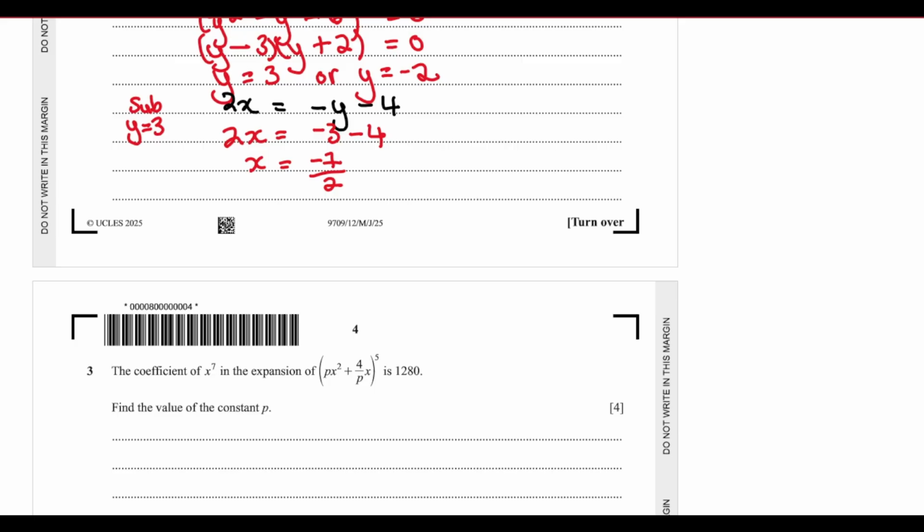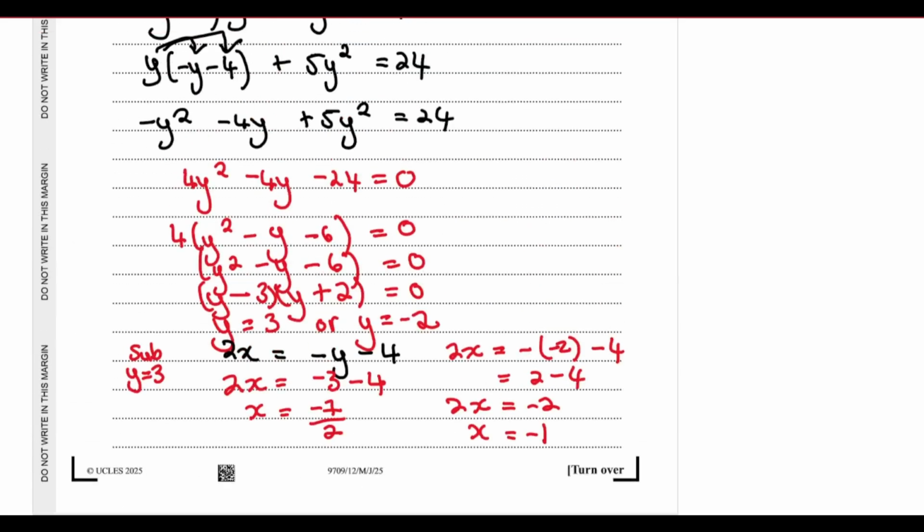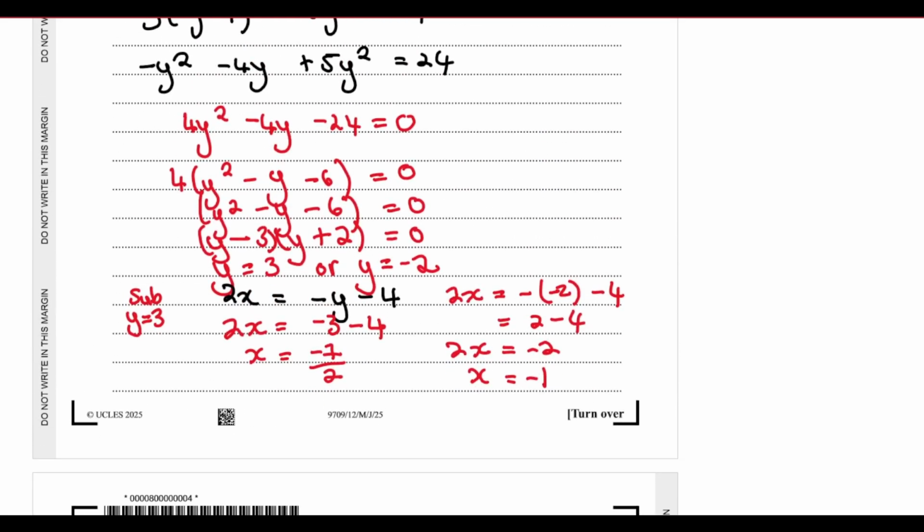What about when y is -2? I'll have 2x is -2 minus 4. That's -6... wait, that's 2 minus 4, which is -2. If I divide by 2, x is -1. Let's write down. I kind of messed up with space here a bit.